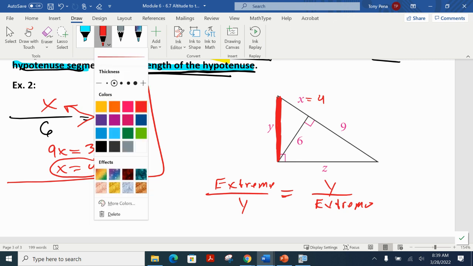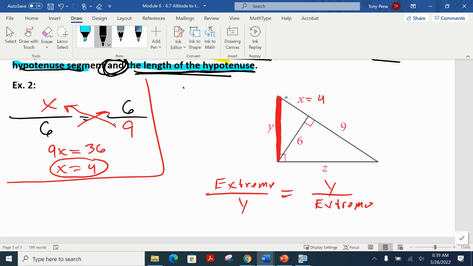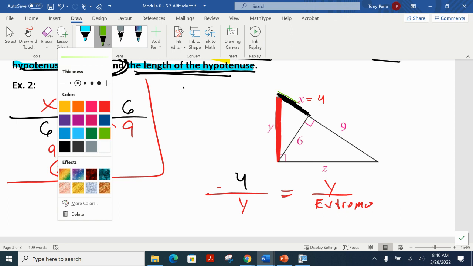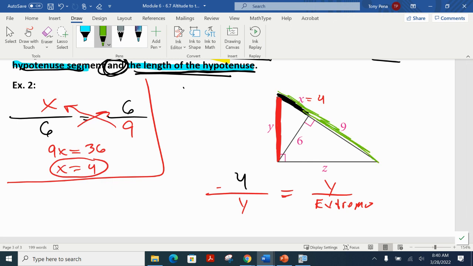And then what your extremes are going to be, what it's proportional to, is the adjacent length. This adjacent length right here is 4. So one of them is going to be a 4, compared to the entire hypotenuse length right here. So that entire length we can now say is what? 13. The 4 and the 9 together means that entire length is 13.